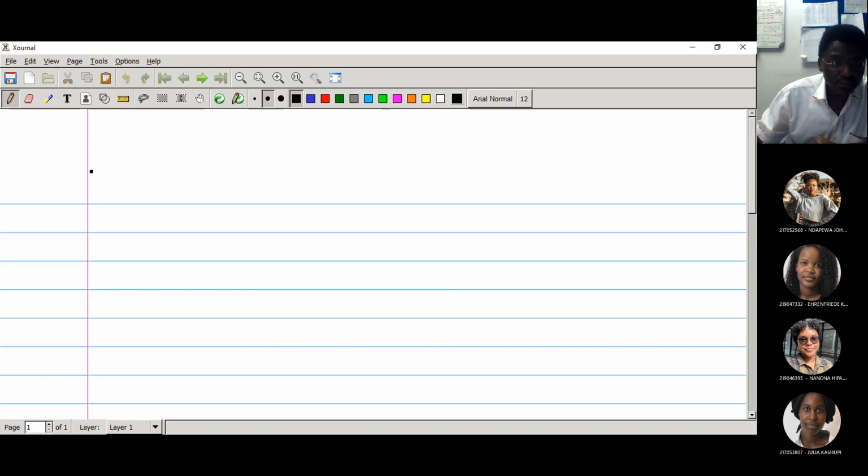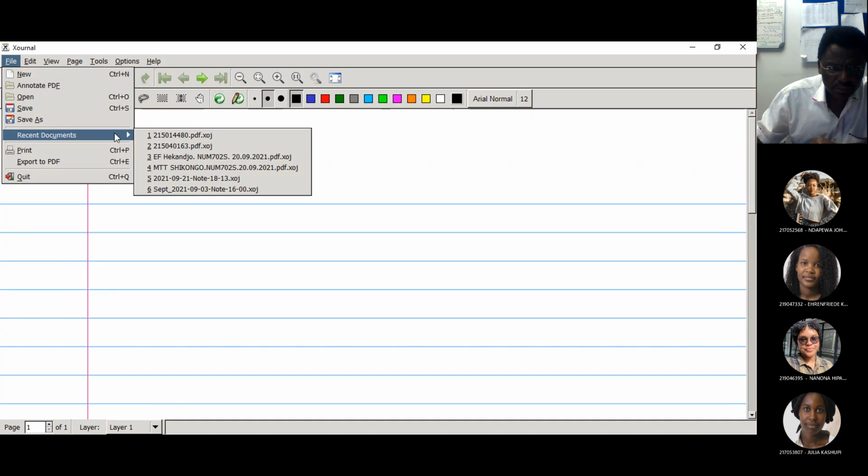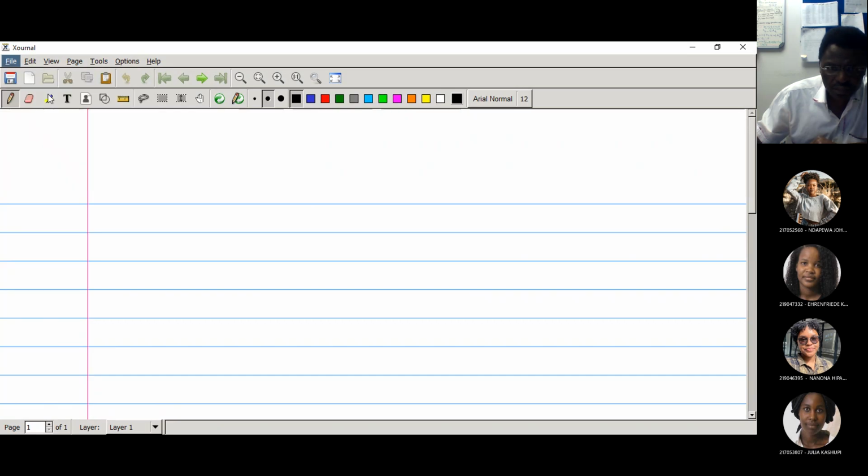So I cannot even open the serial. What is going on here?